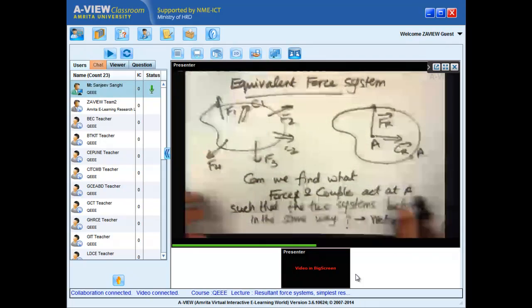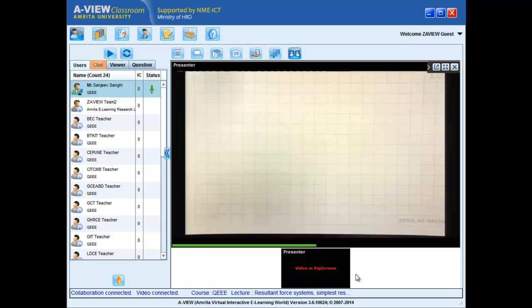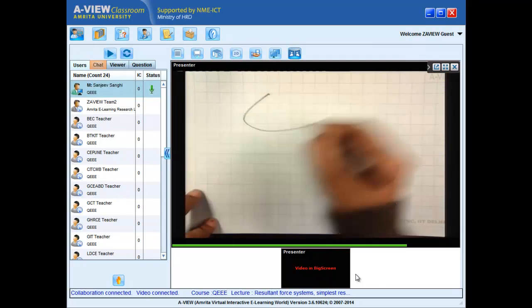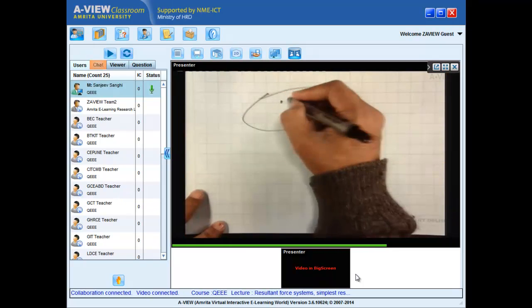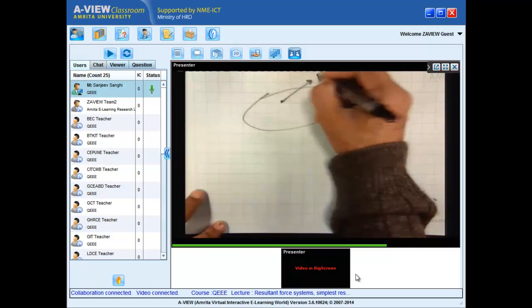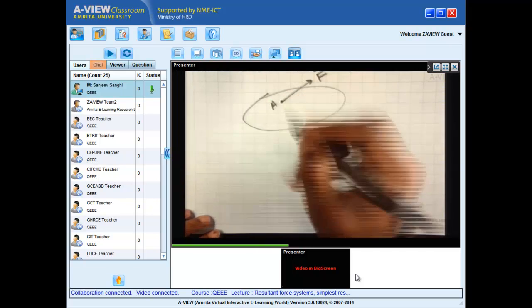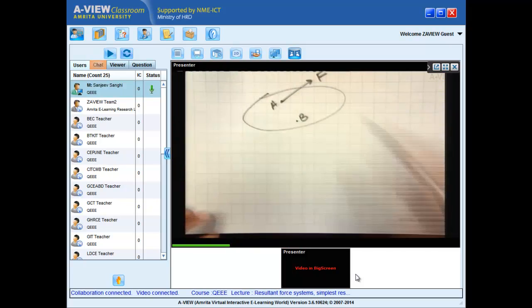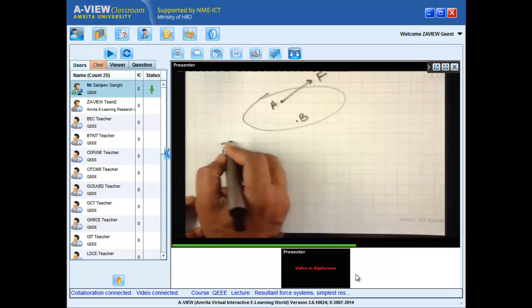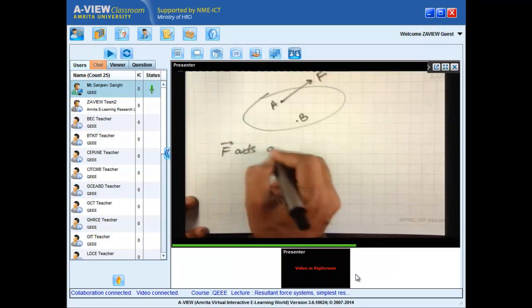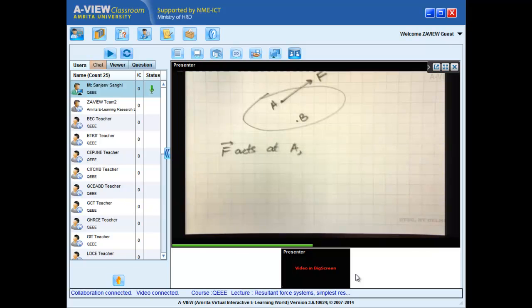So to find this, let's do a very simple exercise. Let us look at a force F acting at a point A. Let's look at one by one, and then we will do a cumulative exercise.